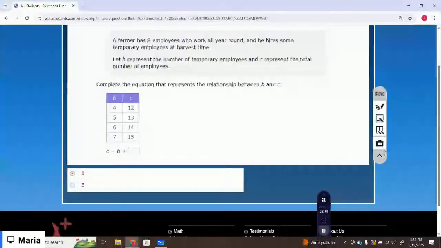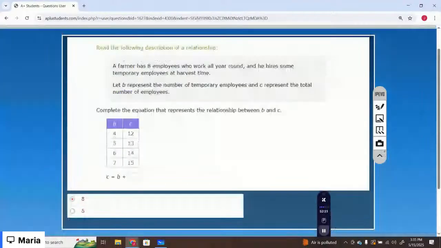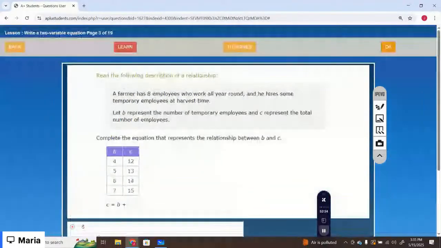So we have to add 8. C equals B plus 8. The correct option is to add 8.